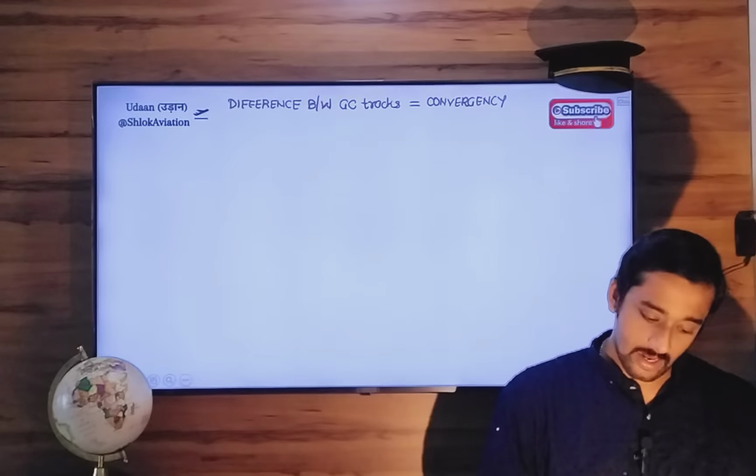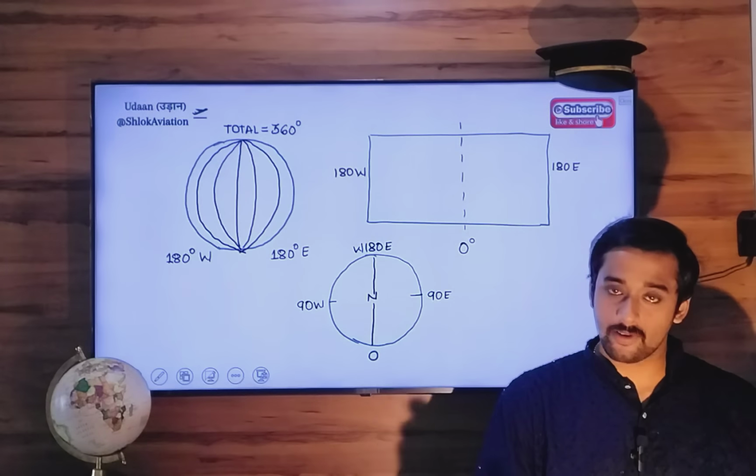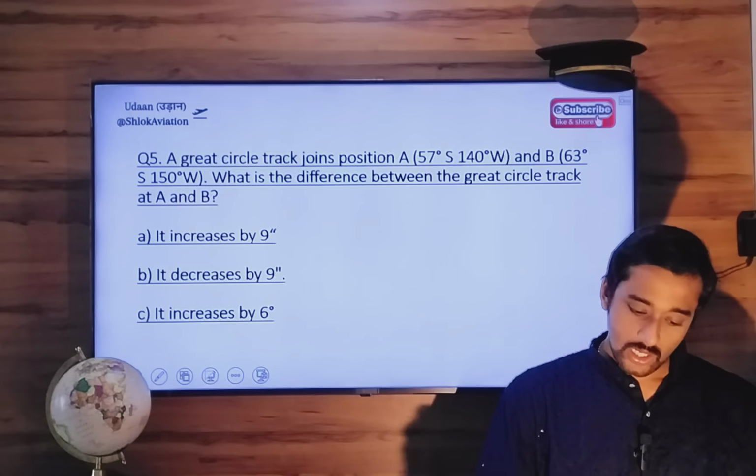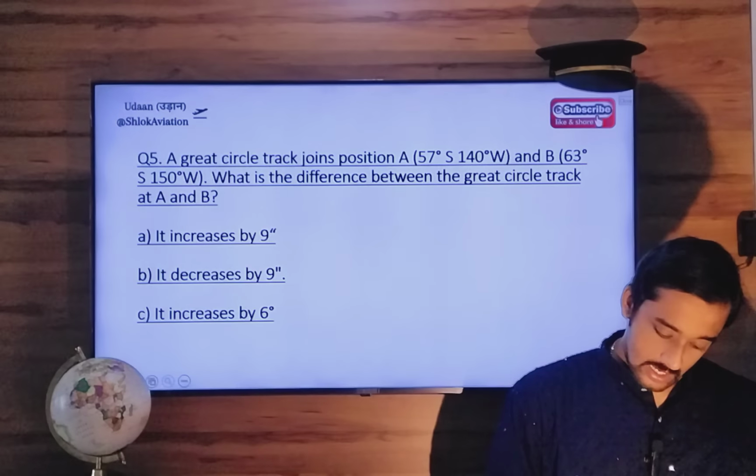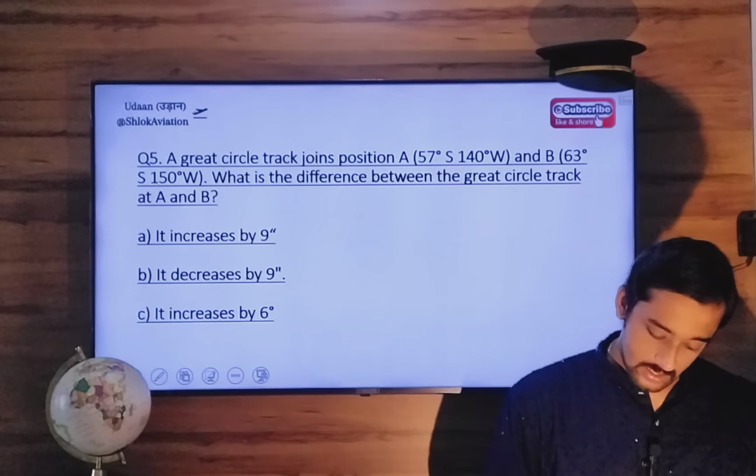So here we will have to find convergency in order to find the difference between the two great circle tracks joining these two positions. So first let's find convergency.